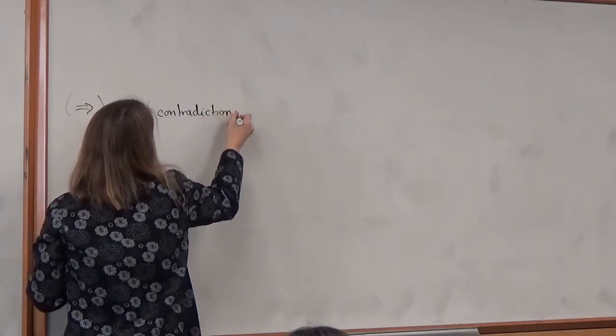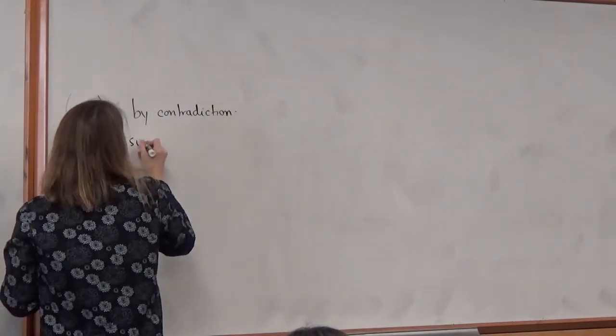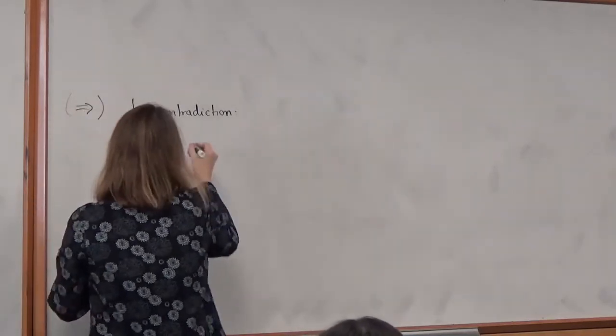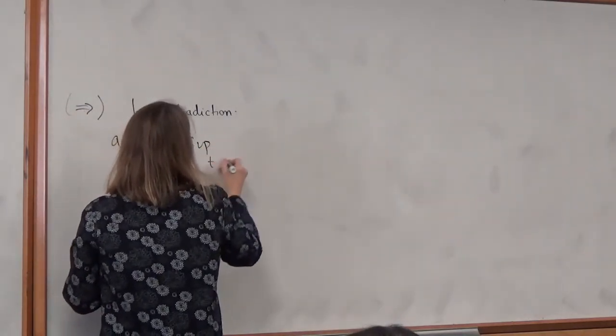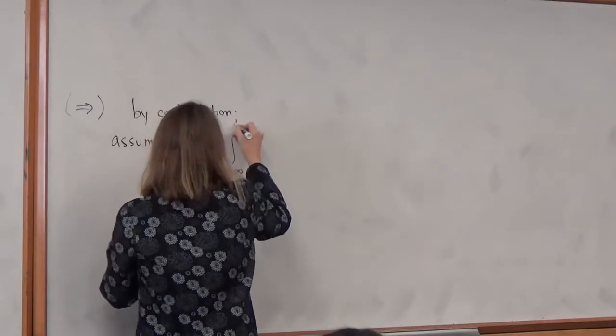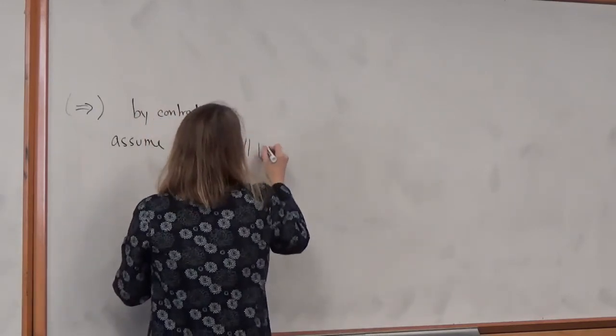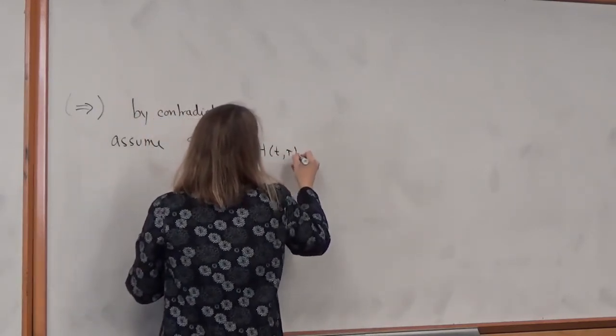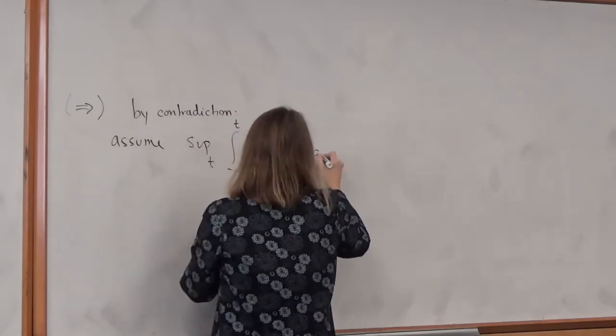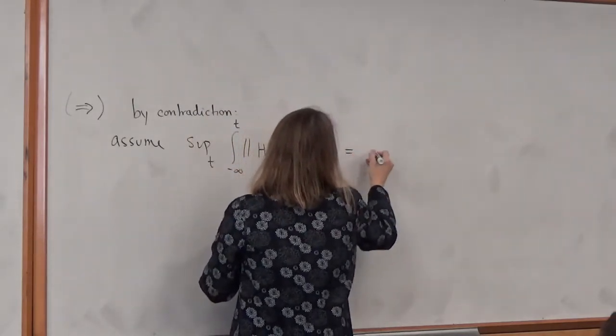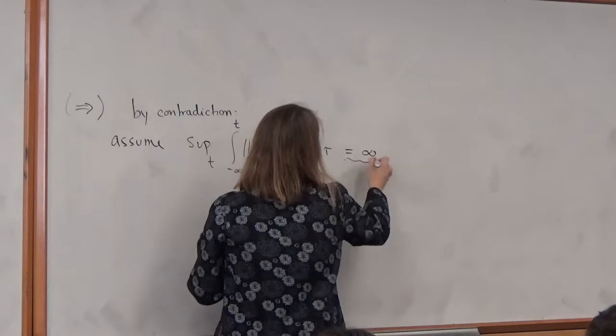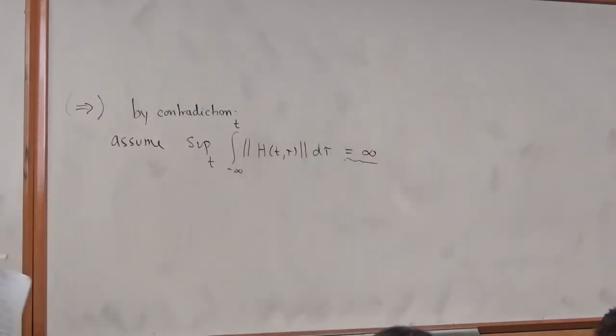I'm going to assume that the supremum over t of the integral from minus infinity to t of the norm of h of t tau d tau is equal to infinity. This is where I'm being a little informal. I'm just saying it's not finite, so it's infinite.